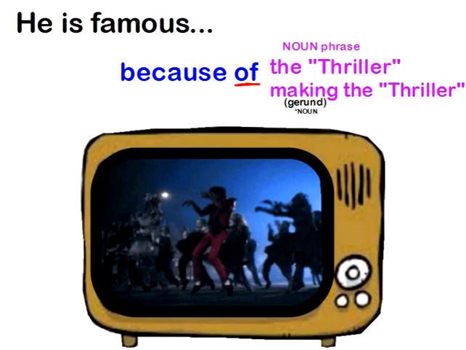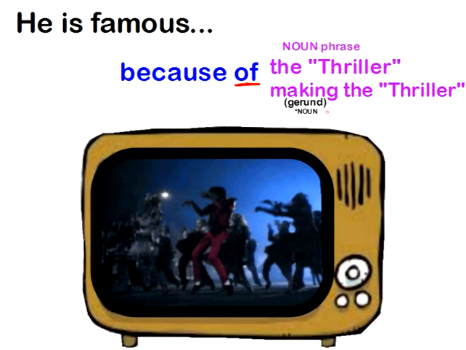Okay, so if we notice that making is a gerund, it's ing, that's a gerund. And when I use a gerund in English, it's often used just like a noun in the same idea, because this represents the idea of the verb making. So he is famous because of making the Thriller.